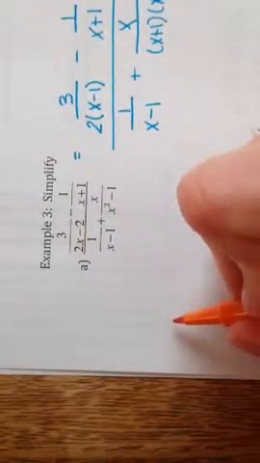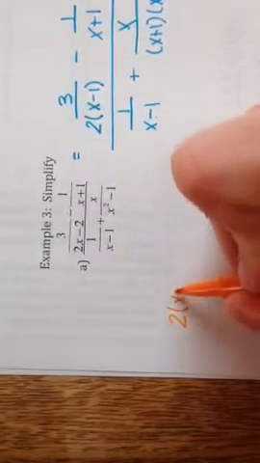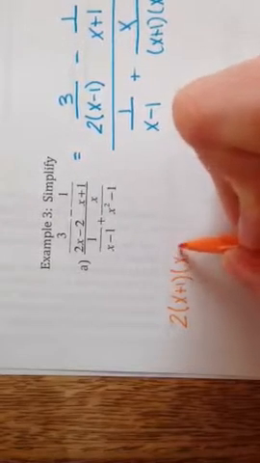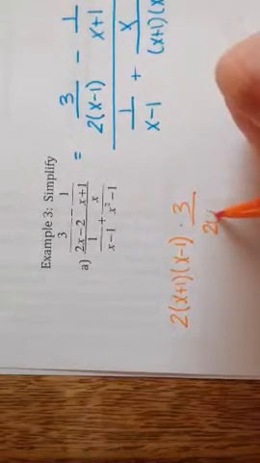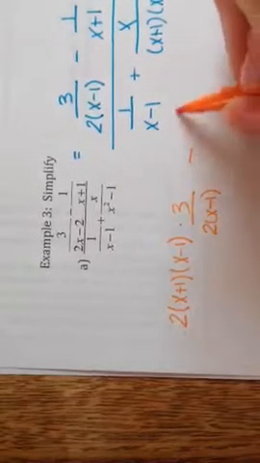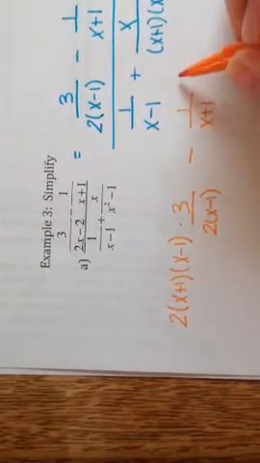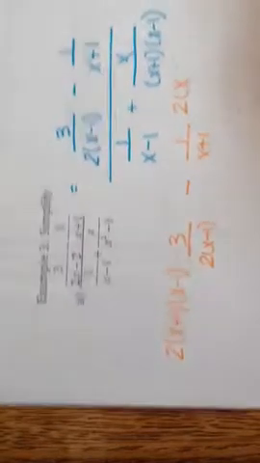So I'm going to have 2 times x plus 1 times x minus 1 times 3 over, and I'm going to leave it in factored form. And the reason why I factor is because it makes things so much easier to see when you're dealing with polynomials.